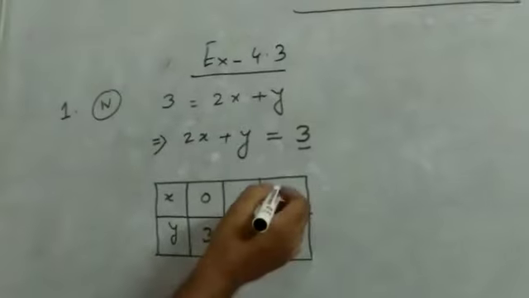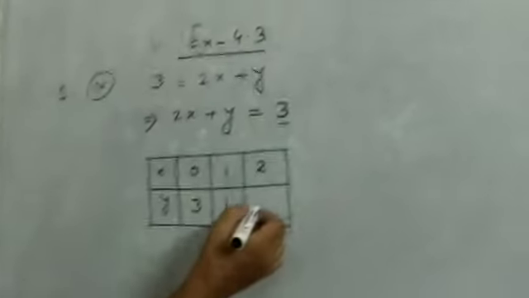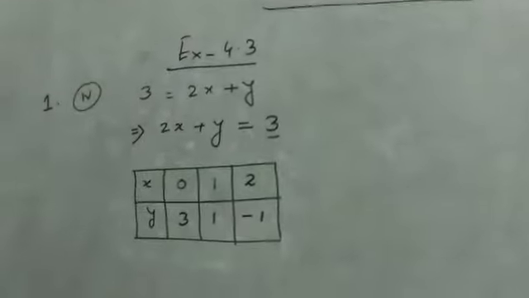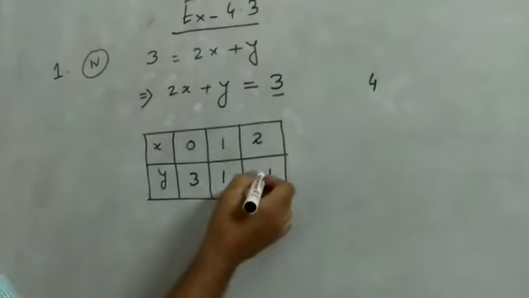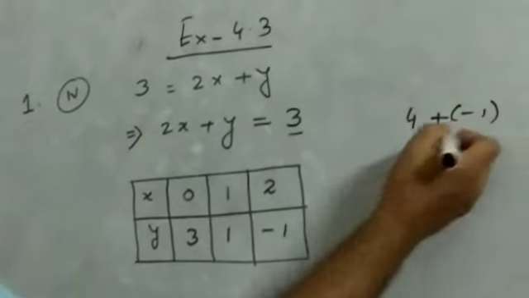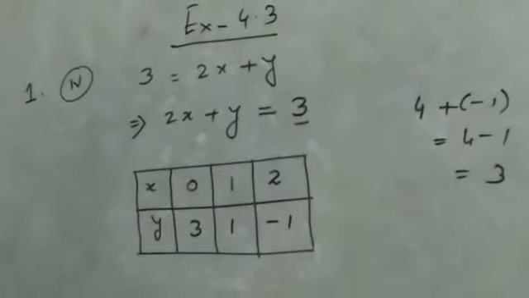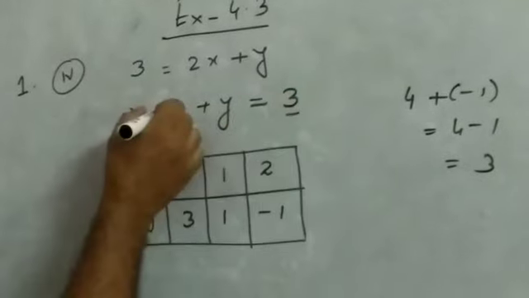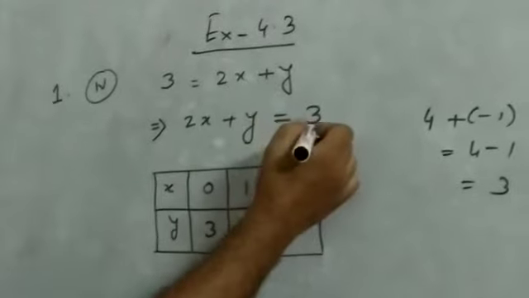Now suppose x is 2, then 2 into 2 is 4, and y is minus 1. Here the x value is 2, 2 into 2 is 4, the y value is minus 1, so plus y is minus 1. So it is 4 minus 1 equal to 3. So on the right hand side we should get 3. Whatever values you put for x and y, after simplification we should get 3.